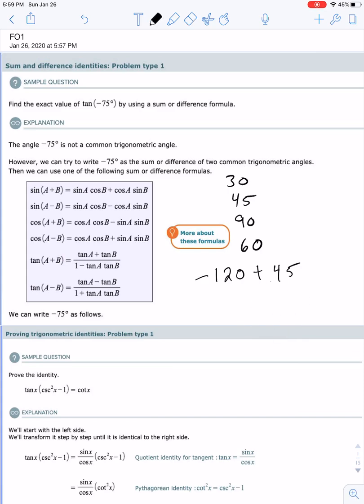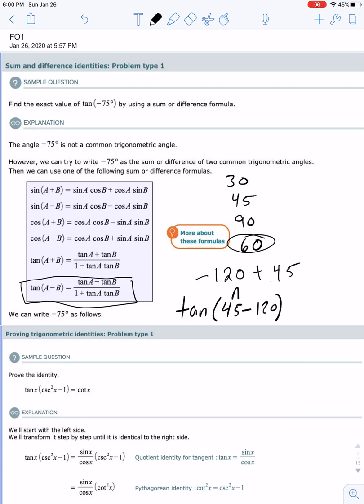So we know that we can solve for these angles, 45 and 120, because they're derivatives of our 60 and 45, 45, 90. So we are looking for the tangent of 45 minus 120. We are going to use this formula here.